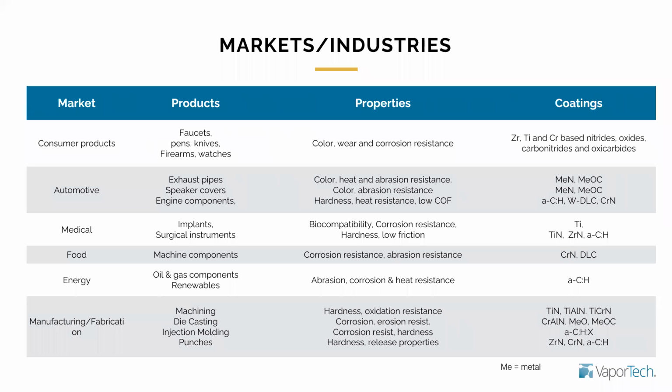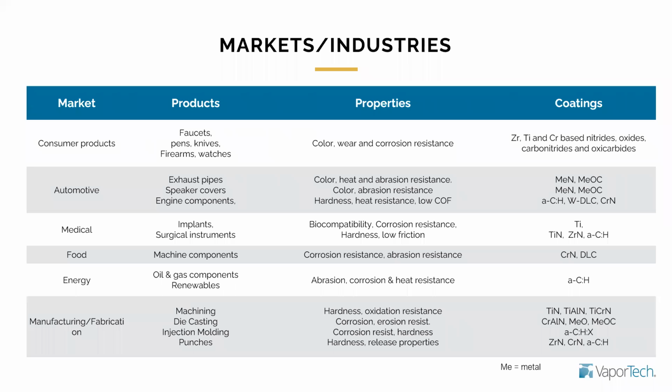For food, there's a concern about the components being in contact with fruit juice and other corrosive environments, so corrosion resistance and abrasion resistance are important. If you're cutting meat or fruit, you have to have some resistance to corrosion and abrasion. Chrome nitride and DLC are two of the coatings used regularly.